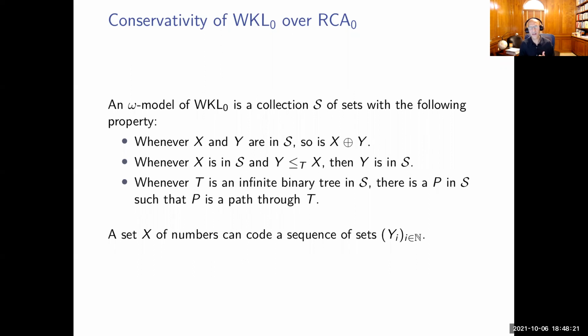But the magic trick that does it, and this is what's in the book, is that you can actually write down one tree such that a path through the tree gives you a full model of WKL naught. An omega model of WKL naught is just a collection of sets that's closed under pairing and Turing reduction and paths through infinite binary trees.